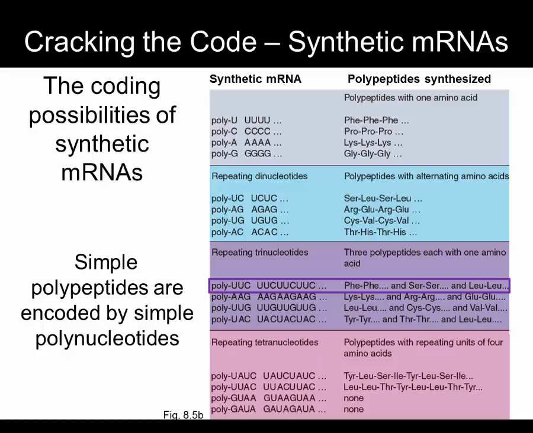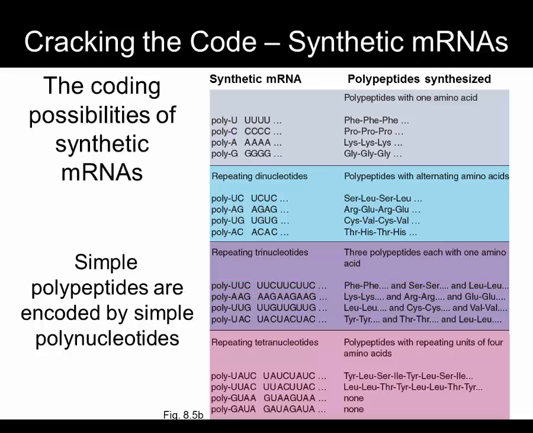As a result, 3 different polypeptides are made, repeating phenylalanines, serines, and leucines. But again, we cannot match the 3 codons to the 3 amino acids. Note that we already saw the codon UUU code for phenylalanine, but this tells us that UUC, UCU, or CUU must also be a phenylalanine codon.